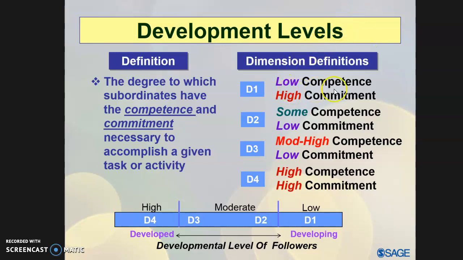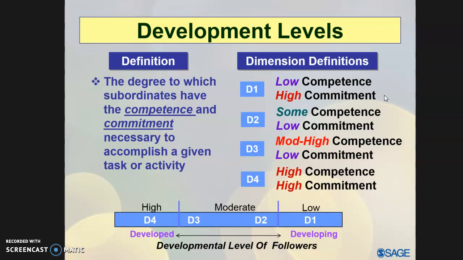D1, a group of people at this level, would be low in competence, but high in commitment. Picture new hires. New hires may not know exactly what to do in terms of the tasks, but they're pumped. They are full of energy. So you don't have to spend a lot of time supporting them.